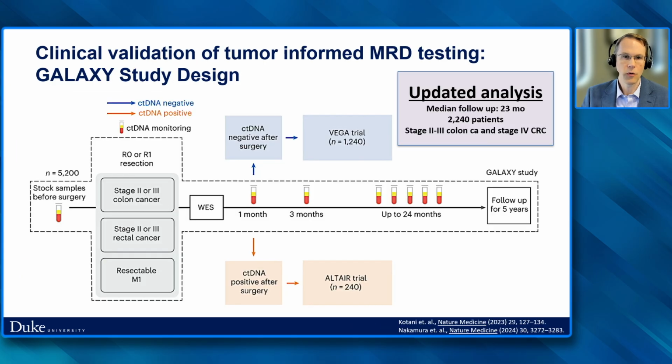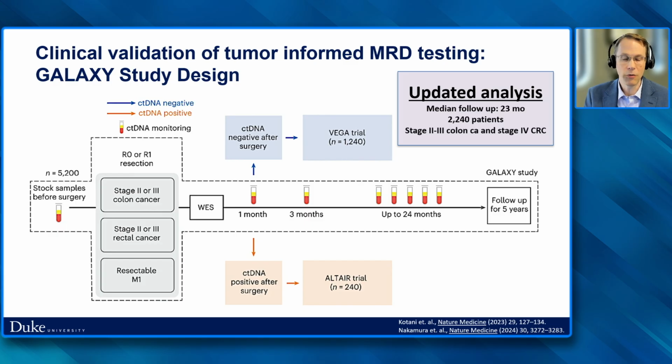So I want to dive in on what we know about the performance of the tumor-informed MRD test in the clinic. This is once again the group from Japan, which has done extensive work in this MRD space. This is their so-called Galaxy study, where they used the Signatera tumor-informed assay and just looked at its real-world performance.